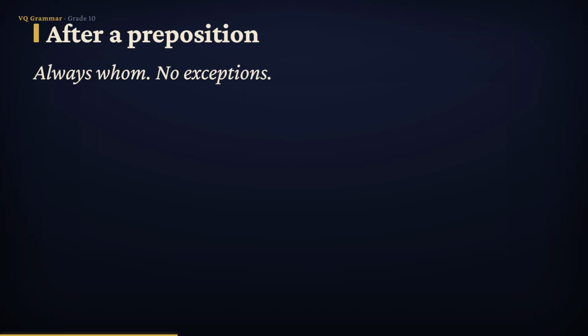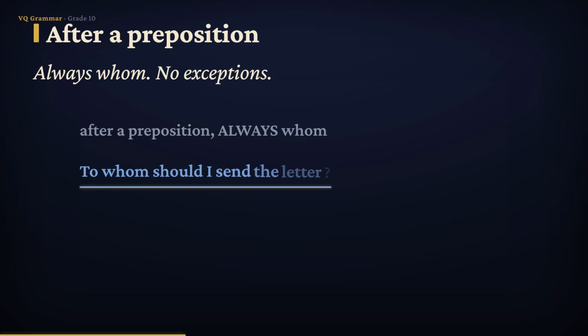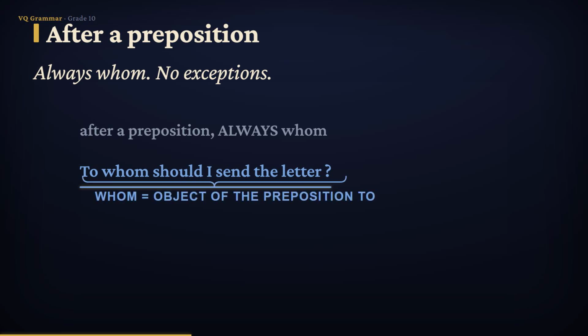Now, here's a rule that asks almost nothing of you. After a preposition, you always use whom. Listen. To whom should I send the letter? The word to is a preposition, and every preposition has to have an object. The pronoun is that object, and the object form is whom. Same thing here. With whom did you travel?